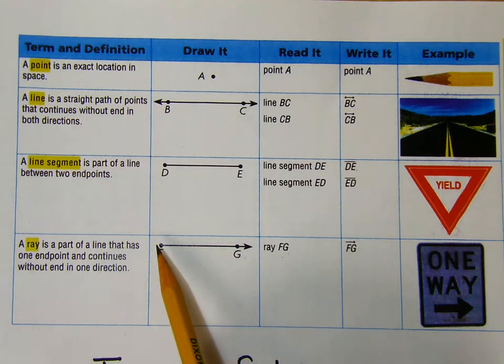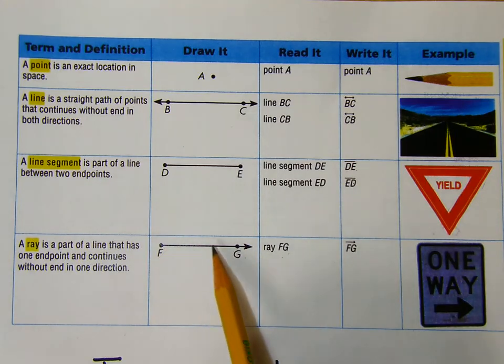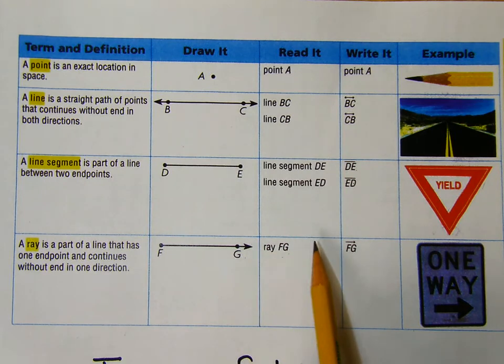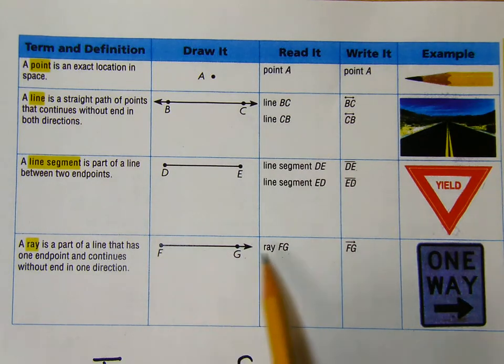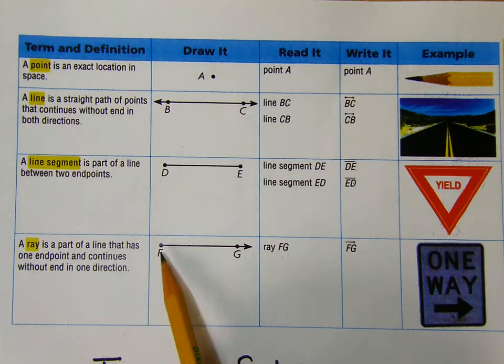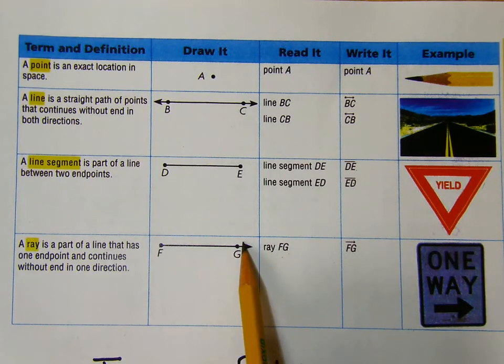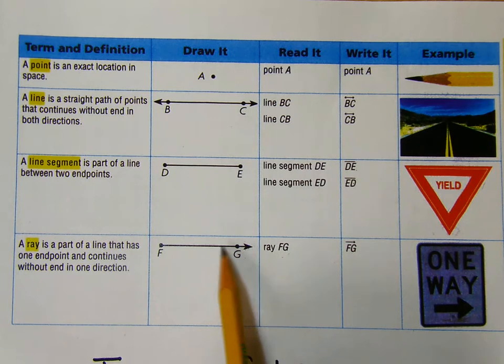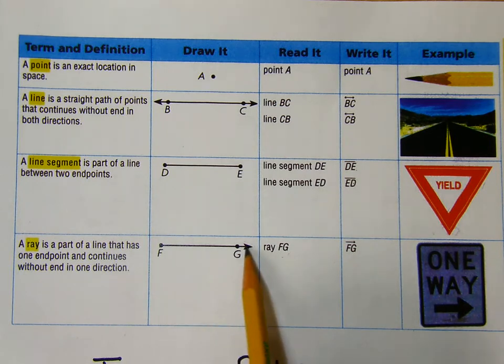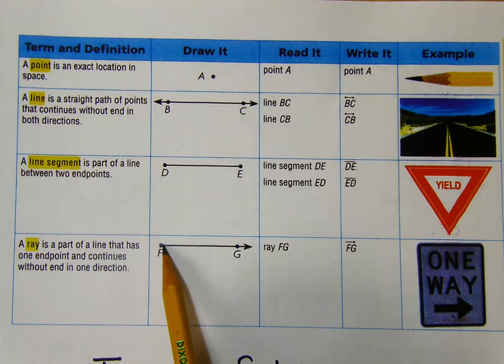It starts at F and it goes this way through G and all the way in one direction, and it doesn't end. So it has one starting point, and then it goes this way. Remember that arrow represents that this ray is infinite going this way. So it has one end point and then it goes without end in one direction.